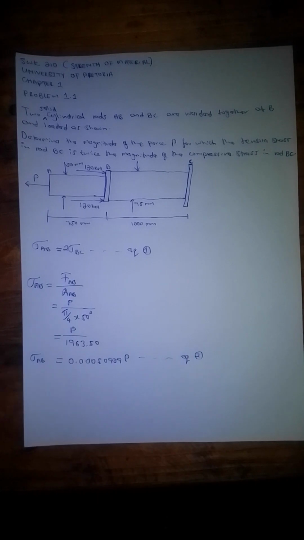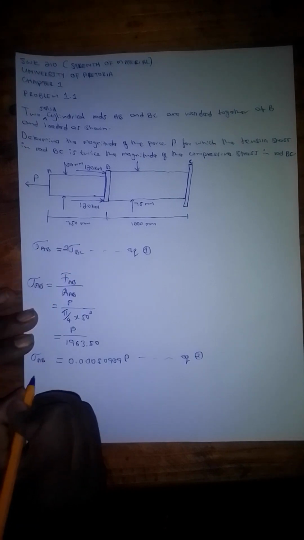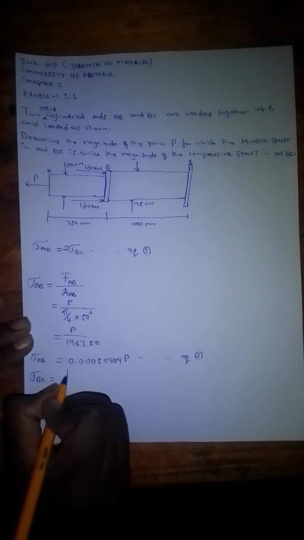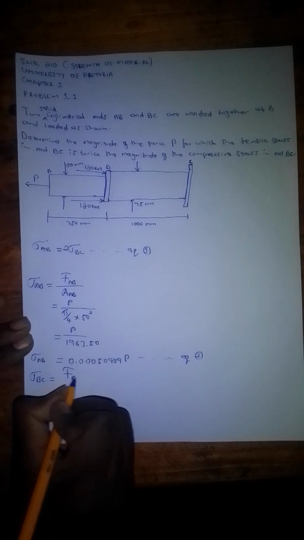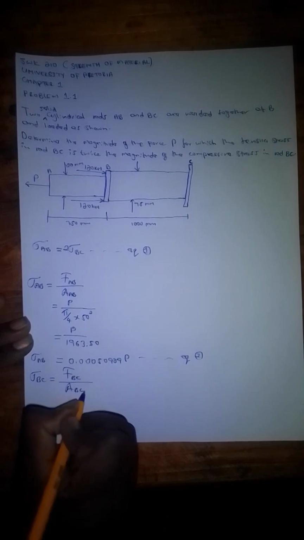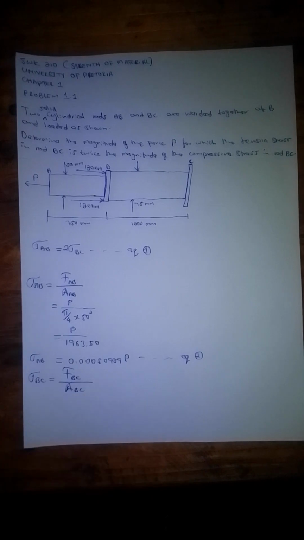Moving forward, we can look at the compressive stress in BC. You can say the compressive stress in BC equals the force in BC over the cross-sectional area in BC. However, there's something interesting here which defines your SWK210, or strength of material.